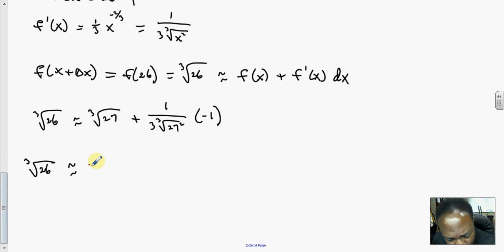So this is 3 minus 1 over, the cube root of 27 is 3, to be squared, we get 9, times 3 is 27.